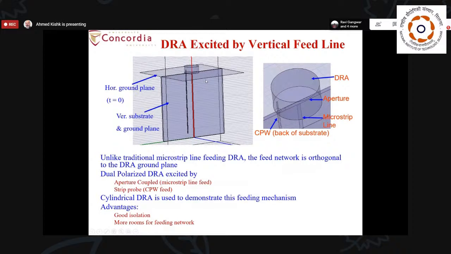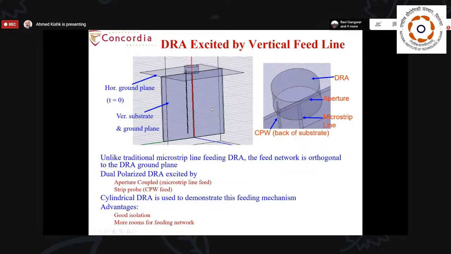But why can one come to this configuration? Because it could be in an array, where suppose you will have your network, not only the parasitic exciting network, you can have all the transmitters printed on one side over here.